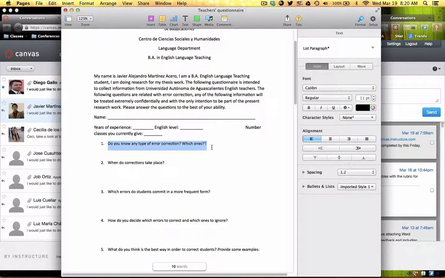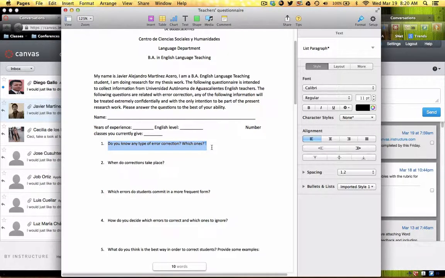So be careful when you are in the interview as well, that you don't want this to feel like an interrogation, like you are pressuring the teacher like it's a quiz. You want to ask questions more generally, and you'll be doing analysis and identifying the types of error corrections, but you don't want to necessarily ask the teacher if they know or if they can identify certain error correction techniques.